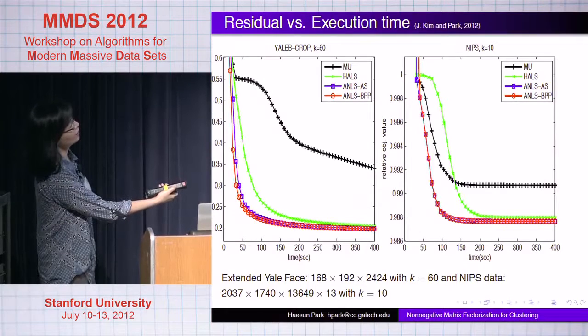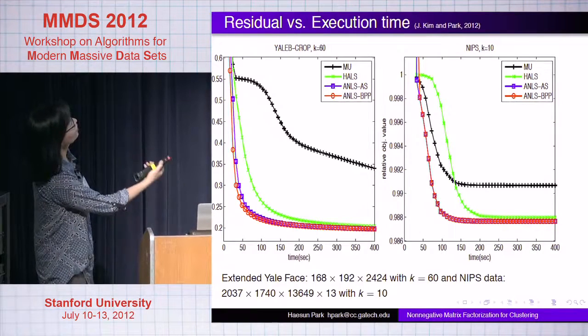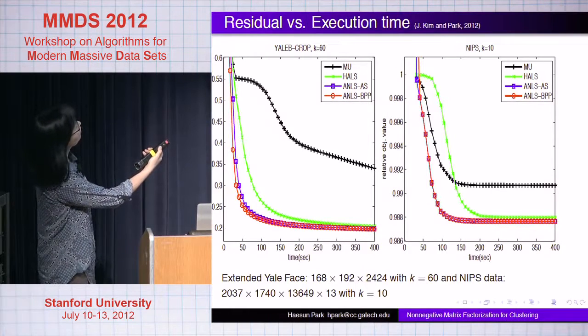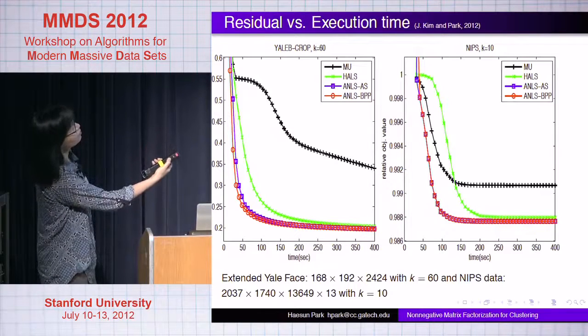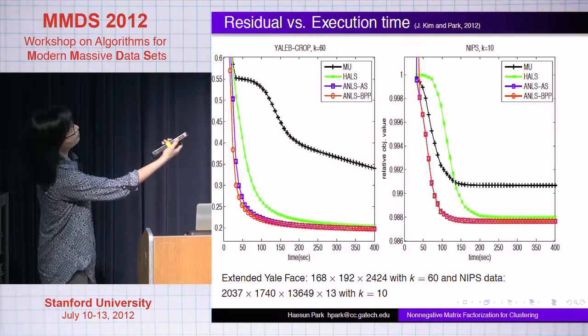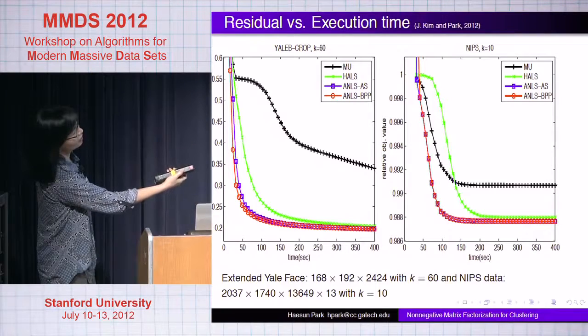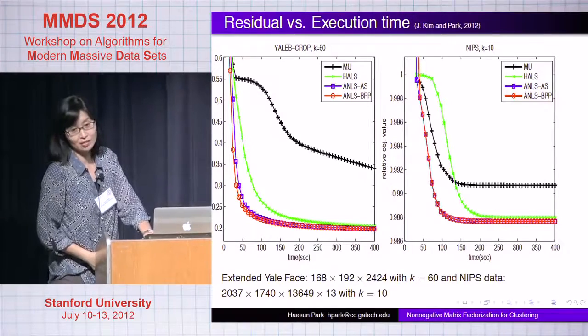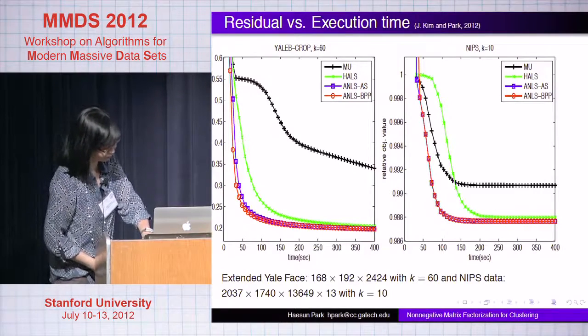We did rank 60 reduction, and both Haesun and ANLS BPP are active set type algorithms. In this case, Haesun was a little slower, and this is multiplicative updating. Haesun was a little poor initially, although eventually it converged to the same value. So that's the general trend that we saw.